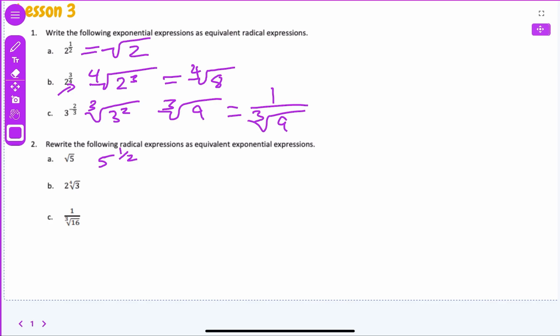Now, we're just reversing what we did earlier. So now we have 2 times the 4th root of 3. How would we do that? 2 times the 4th root of 3. Anybody?